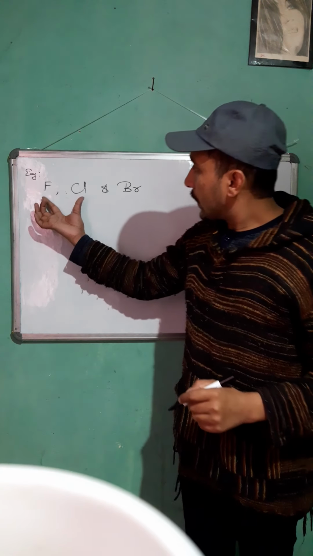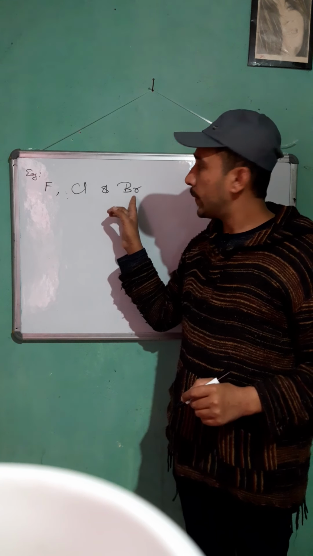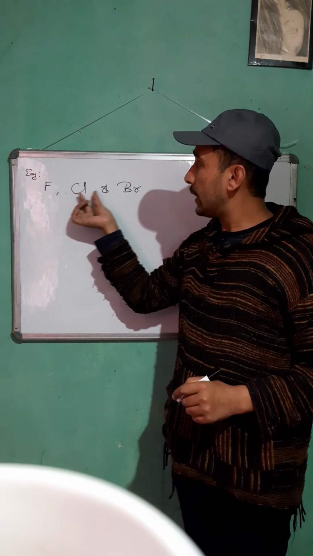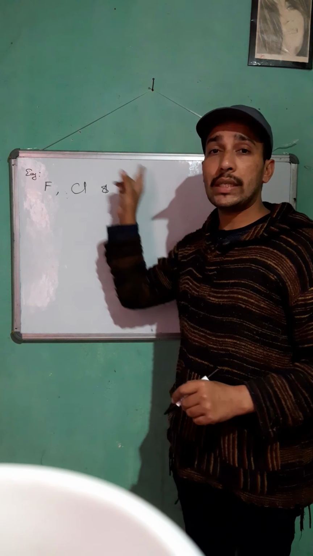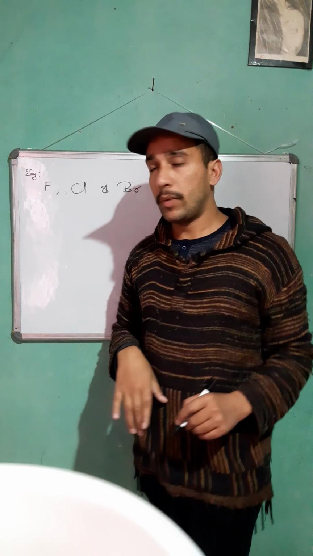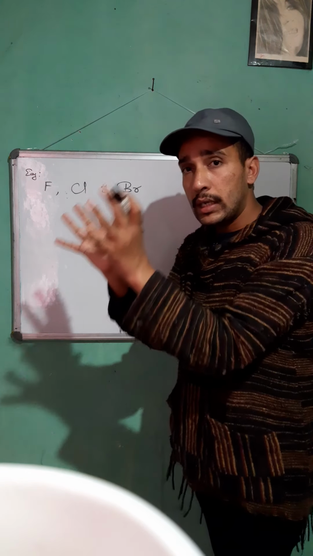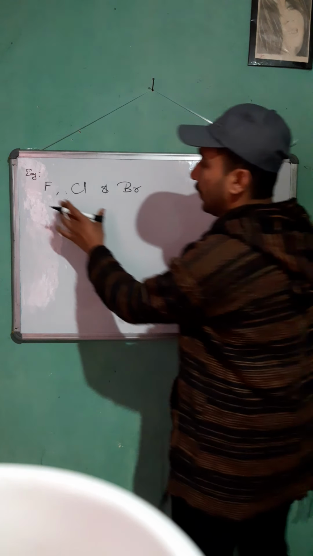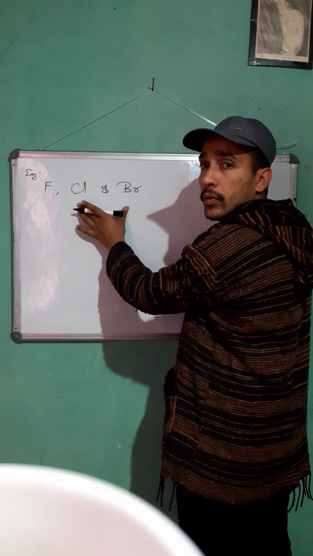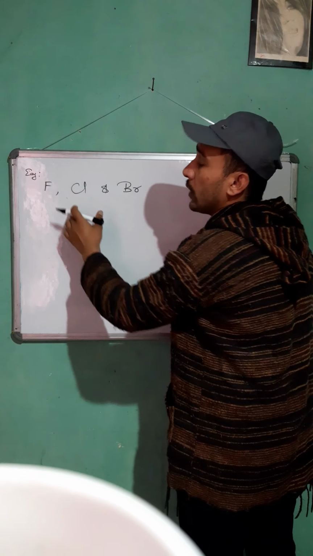These 3 elements, fluorine, chlorine, and bromine, show similar chemical properties, or they belong to the same family. But Dobereiner could not keep these three elements within the same triad, because if you apply Dobereiner's law, the law comes out as a failure.